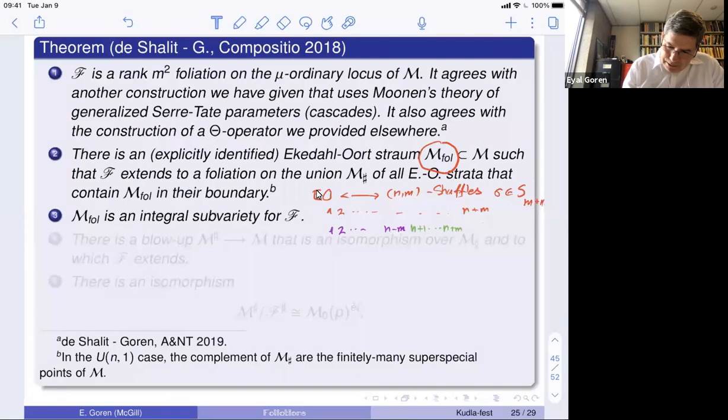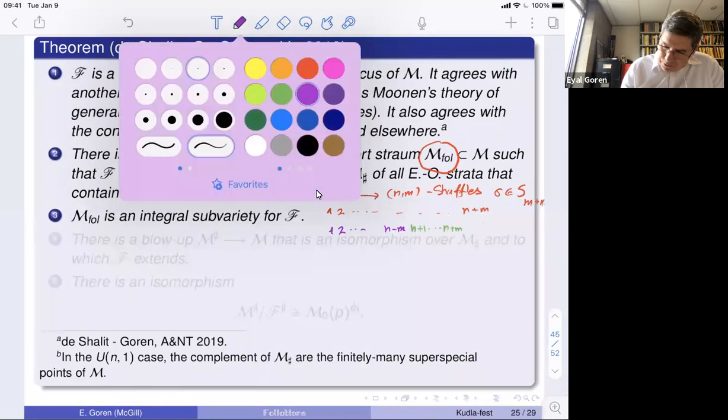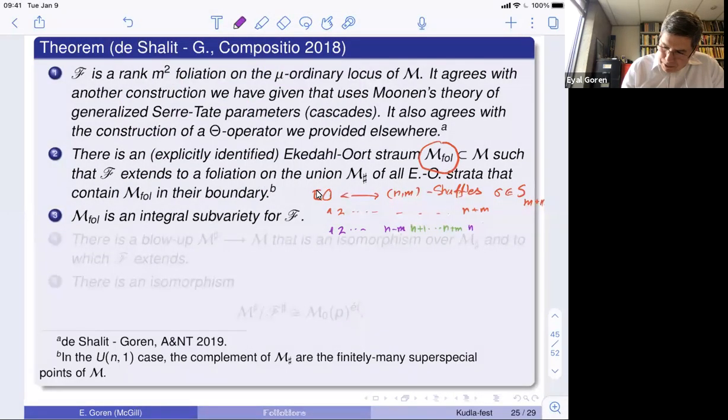And then it continues with n minus m plus 1 up to n. So it's a very particular permutation, a very particular shuffle, corresponding to a very specific Ekedahl-Oort strata. Every Ekedahl-Oort strata that contains this in its boundary, the foliation is defined on it.